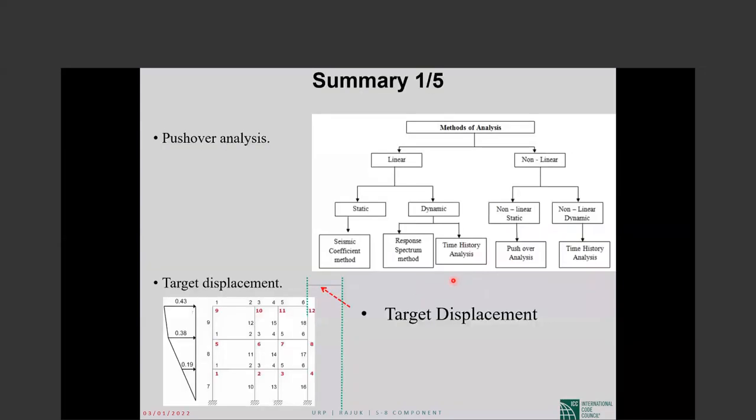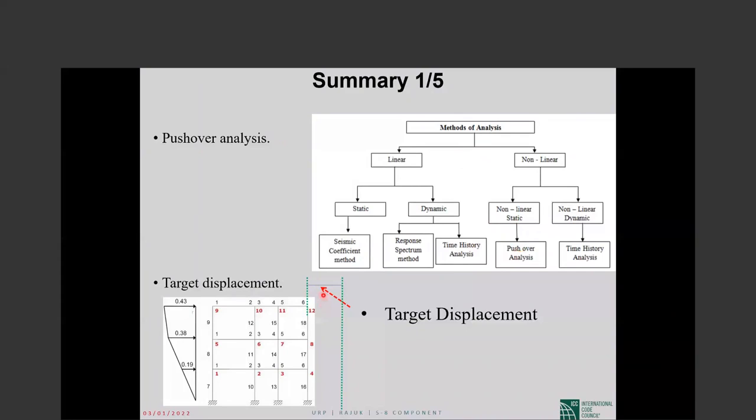because anyhow there is an exam coming up, what is the pushover analysis? Pushover analysis is a kind of nonlinear static analysis. What is the target displacement?